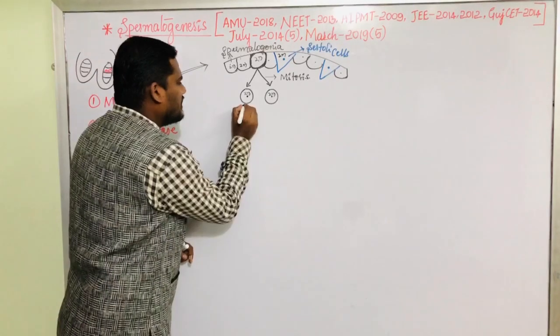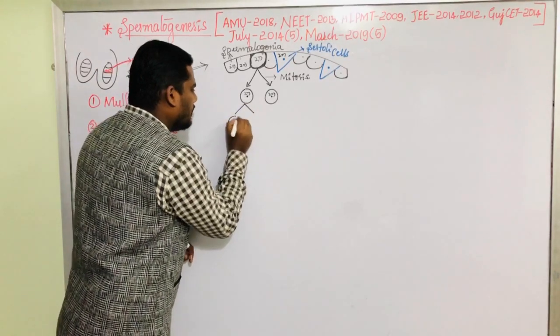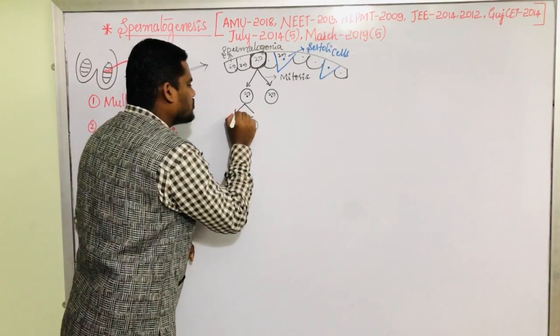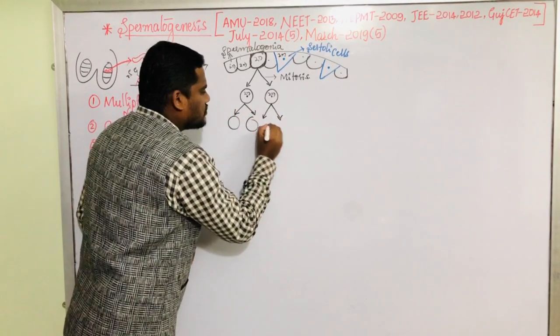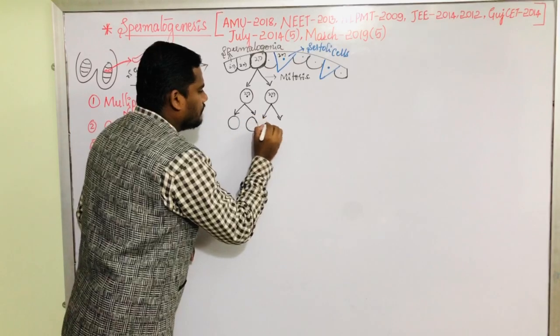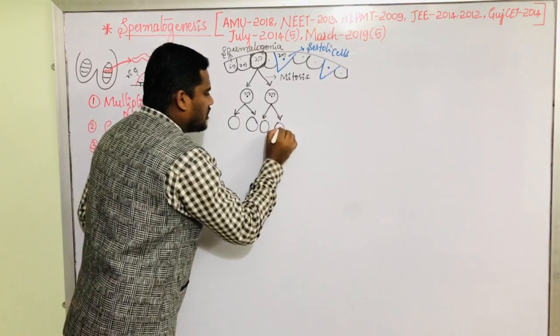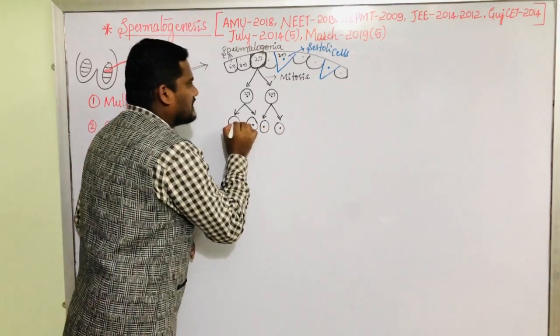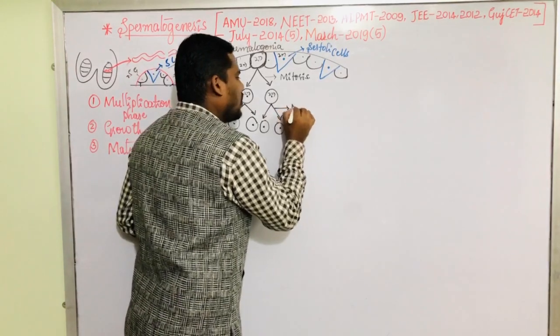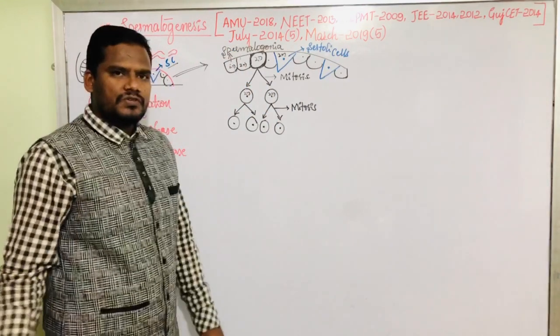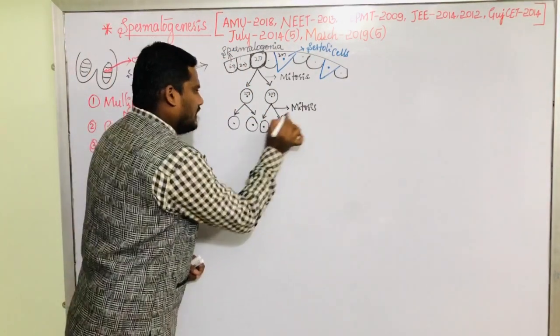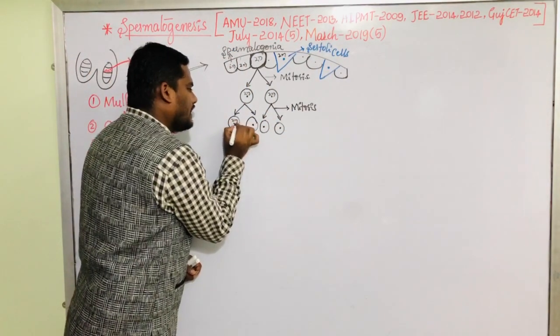Now these 2 cells again divide by the same mitosis process. As a result, we'll get 4 cells. This division is also mitosis, which means they are also diploid cells.